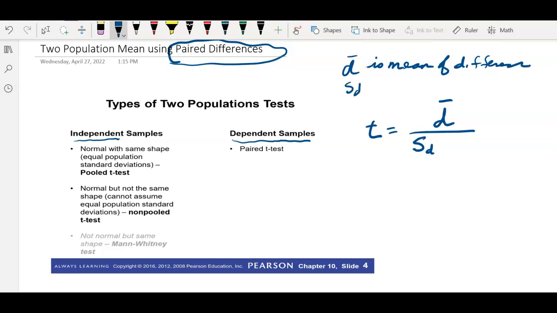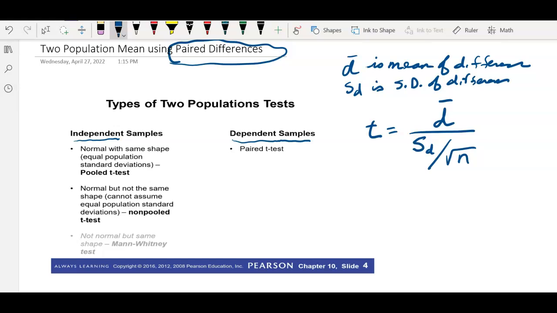And S sub D is your standard deviation of the differences. It's still very similar to an X bar. We're just going to call it a D bar. And S sub D is, again, the standard deviation of differences. And like all of ours, we still need to divide by the square root of our sample size. Sample size has to be taken into consideration. So that's one of the main things that we're going to do.